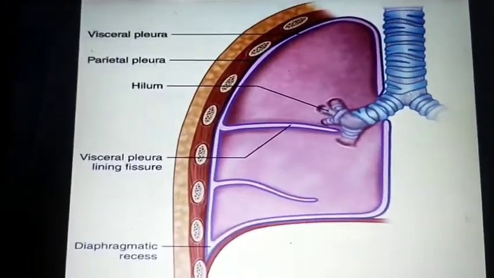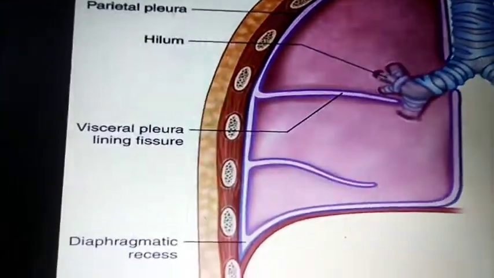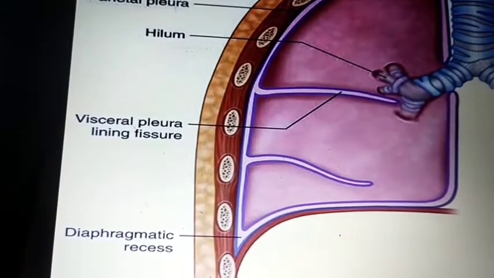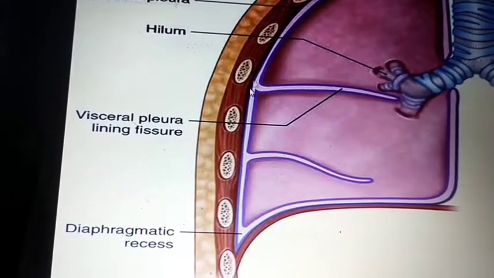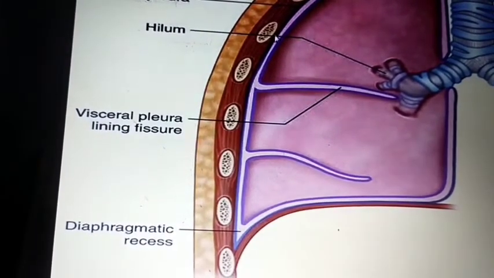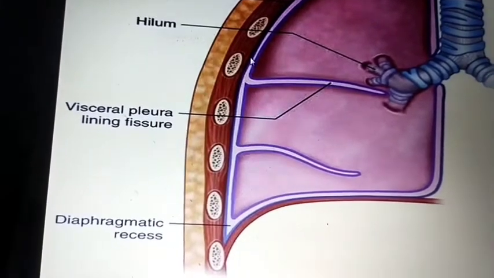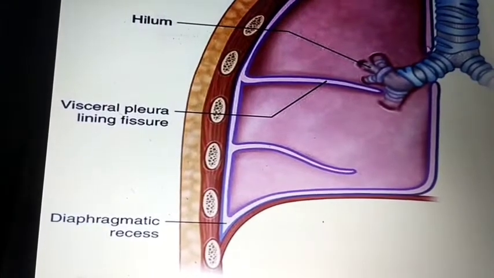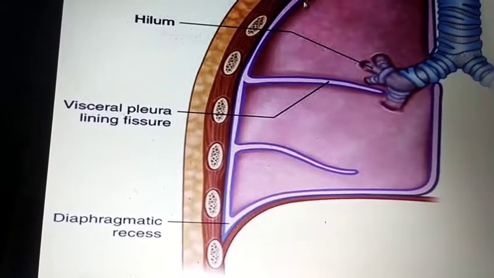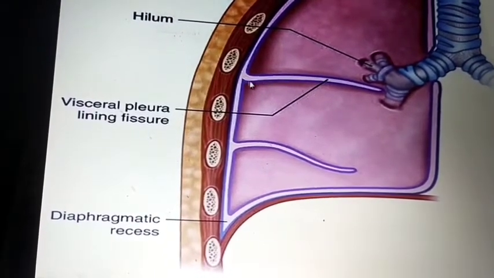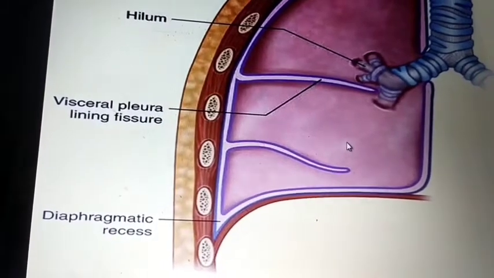In this, you can clearly see this is the internal surface of the thorax or thoracic cavity, and this is the parietal pleura. It covers, or is attached to, the internal thoracic cavity, and the visceral pleura mainly covers the lung and its features.